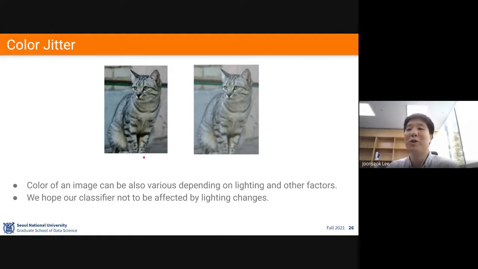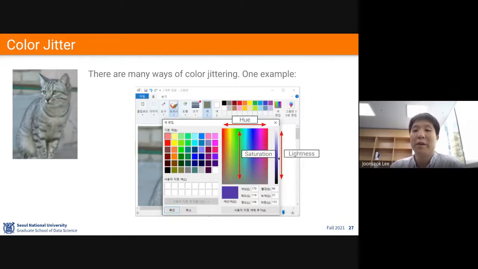So we'd like to change the color slightly, but how? We don't want to randomly change the color of each pixel independently, because then it will lose the shape. So one way I can propose is using some tools like this. This is Microsoft Paint, which is the default software installed in your Windows, but you don't have to use this.